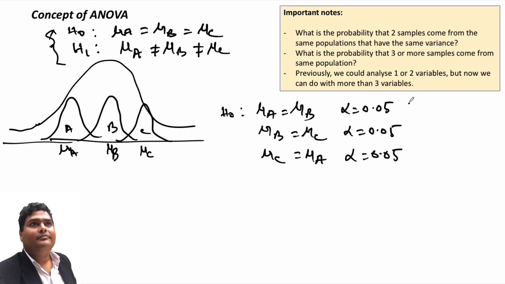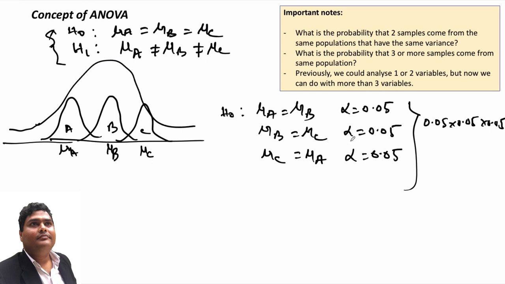Clear? But the problem is the overall confidence level drops, as we multiply the confidence levels, because I am saying the confidence level of A equals B equals C in this manner, which is wrong actually.